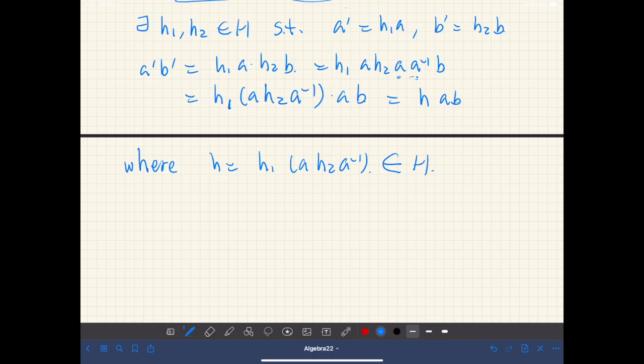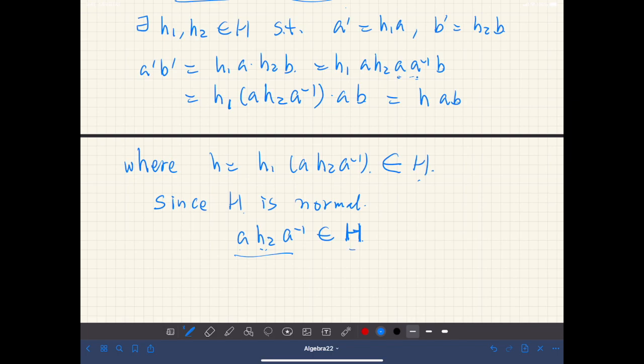Why? Because H is a normal subgroup. H2 is of course an element of H, this normal subgroup. So A H2 A inverse is an element of H. This comes from the definition of a normal subgroup.